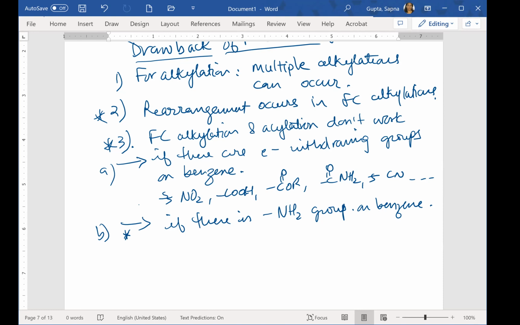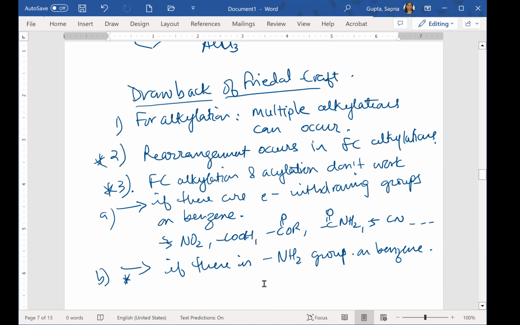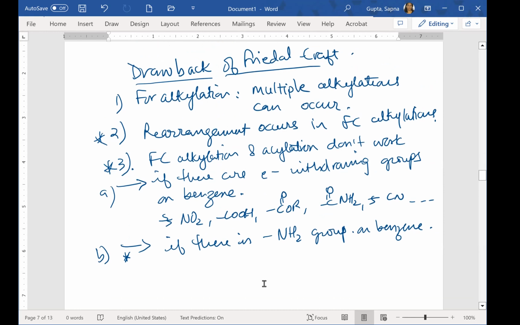But the amine group, why that does not work, you should be able to answer that one. So I'm going to leave that for you to think about, unless you want to tell me right now. It's kind of challenging to think about right now because there's so much information at this time also.